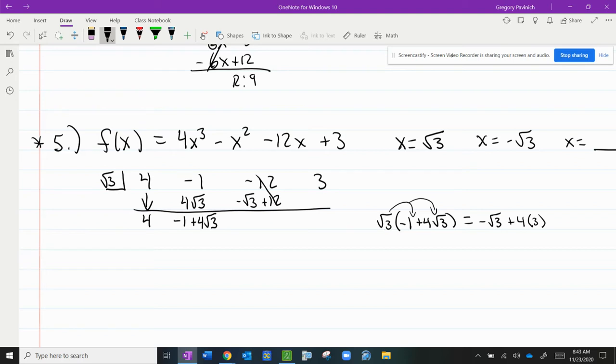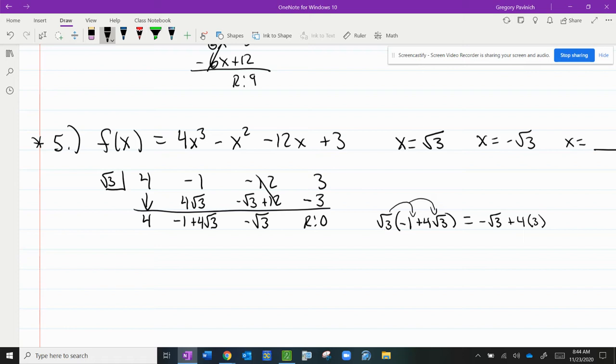And then when I add those, it's nice, and I get just negative square root of 3. Now, when I multiply these together, I get 3. Square root of 3 times square root of 3 is 3. And a positive times a negative is a negative. Remainder of 0.